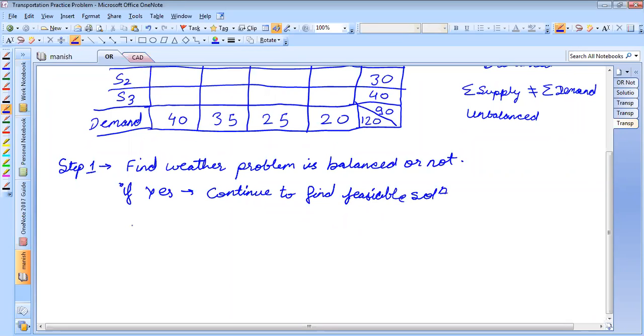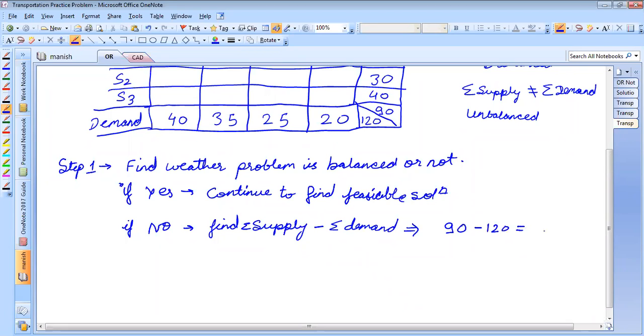Okay, if no, find supply, or rather I should write summation of supply minus summation of demand. Okay, we have to do this. So supply for this particular problem, let us say that is 90 minus 120. So we have minus 30.